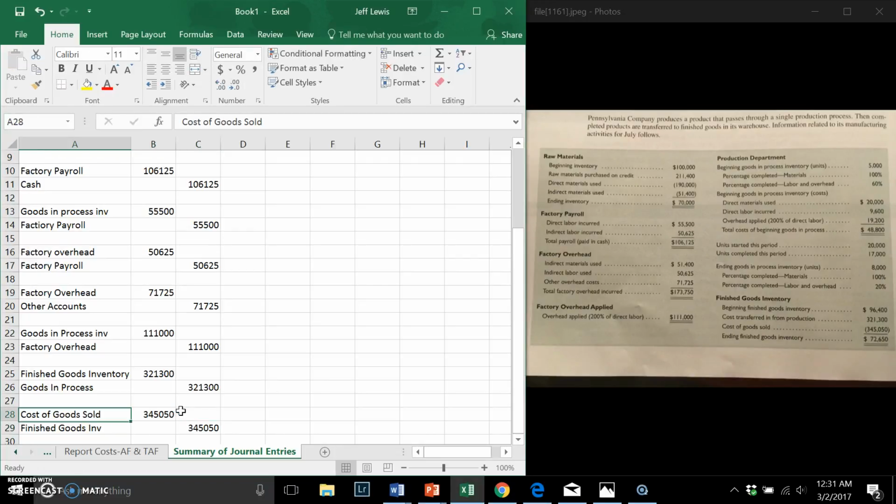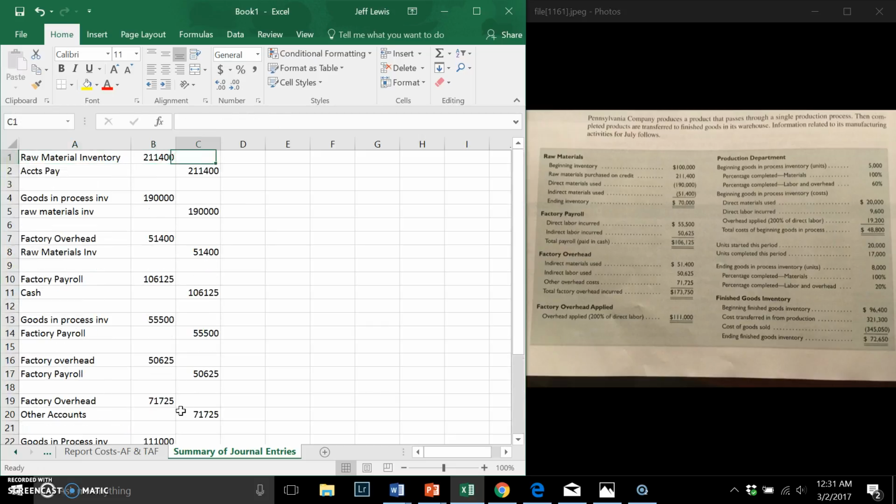Okay, and that's all the journal entries. Pretty simple, just remembering which accounts, especially for factory overhead, because that's sort of a catch-all term for indirect labor and other expenses and that kind of thing.